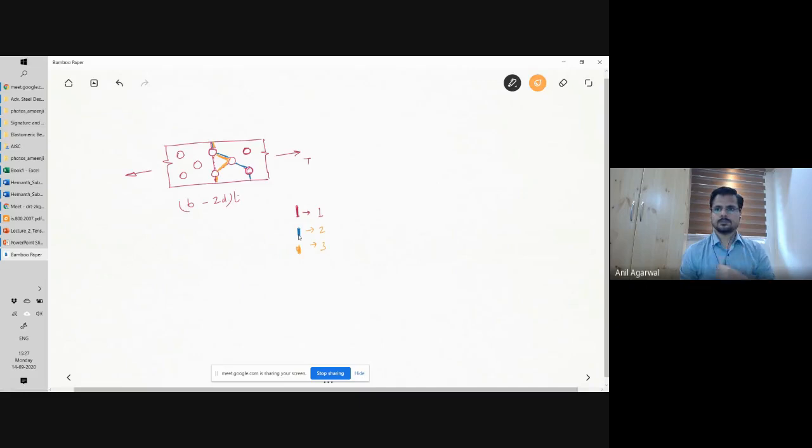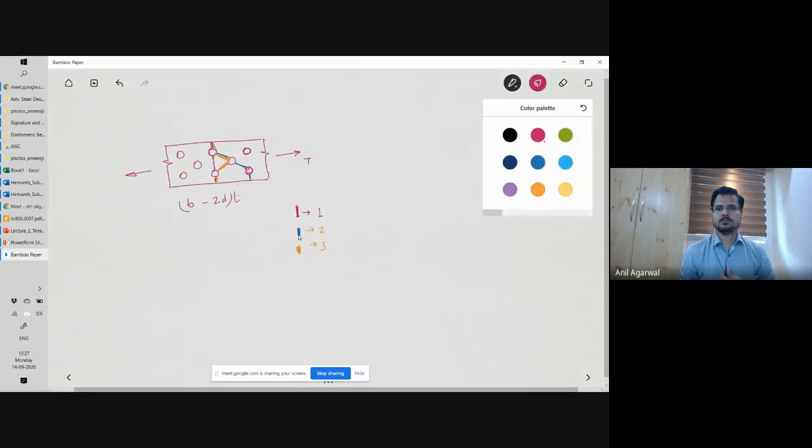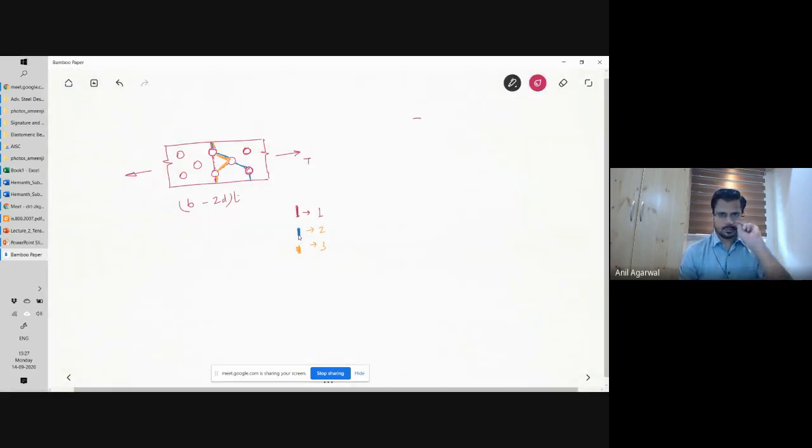Likewise, you can have various paths possible, and then you need to consider all such possibilities.